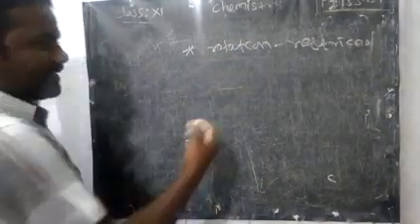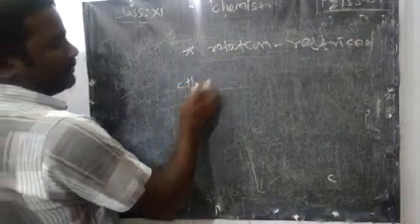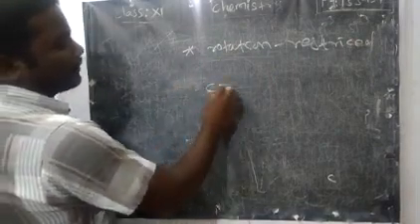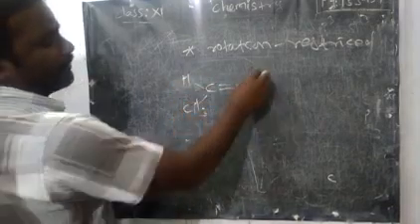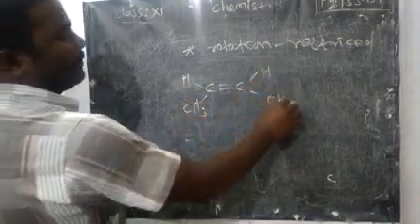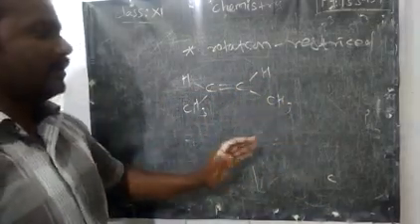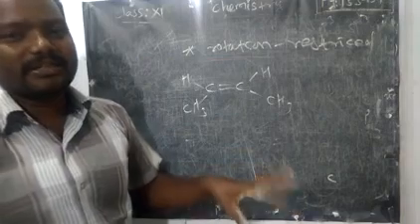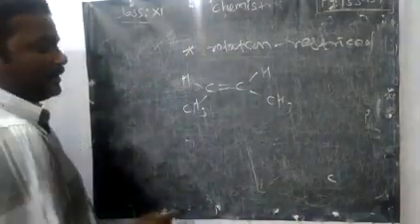What is that? Cis 2-butene, CH3. We can write it as CH3, CH double bond CH, CH3, right? But for geometrical isomerism, we should write it like this, because spatial arrangement is important, right?